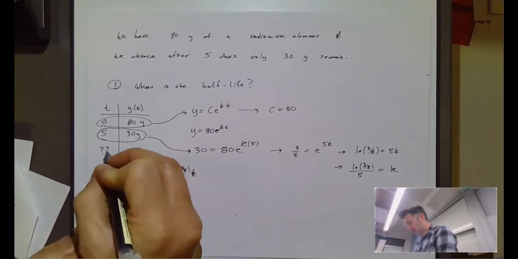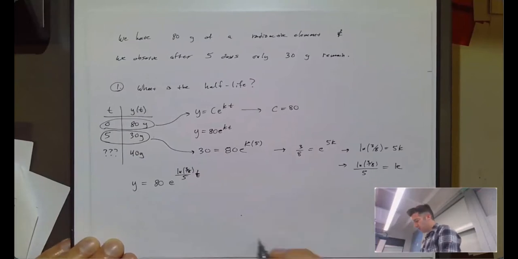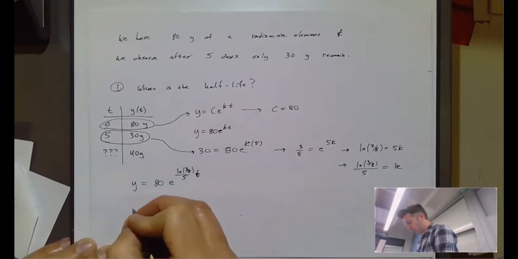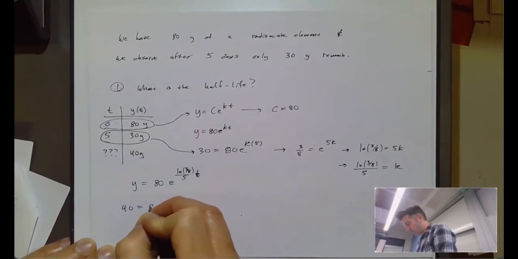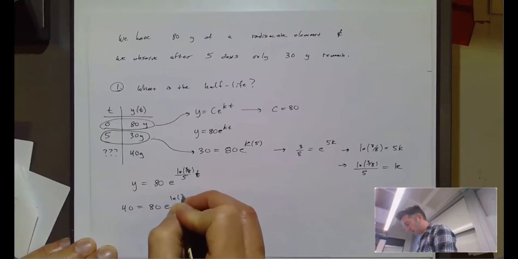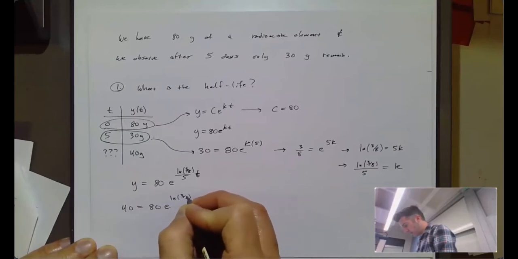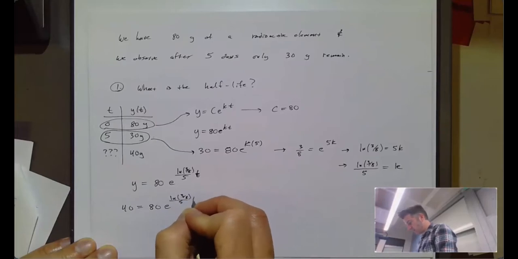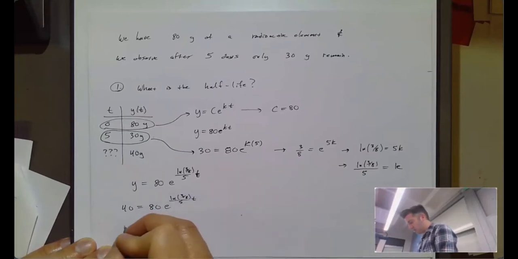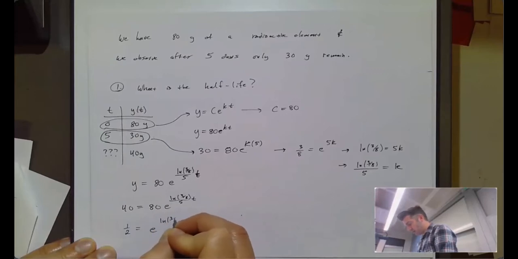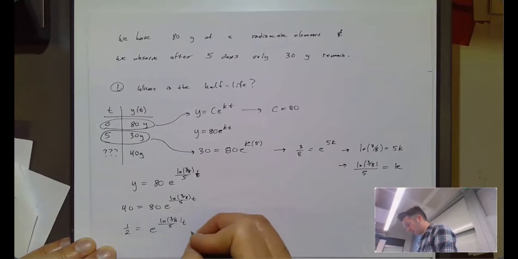And we're going to try and find how long it takes to get there. So setting y equal to 40, we're going to get 40 equal to 80 e to the natural log of 3/8 over 5 times t. Divide both sides by 80, so you get 1/2 equal to e to the natural log of 3/8 over 5 times t. Take the natural log of both sides.